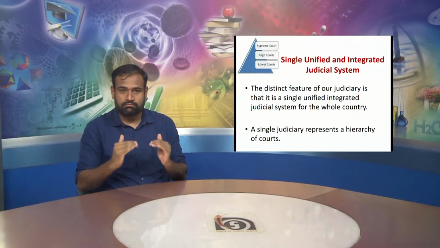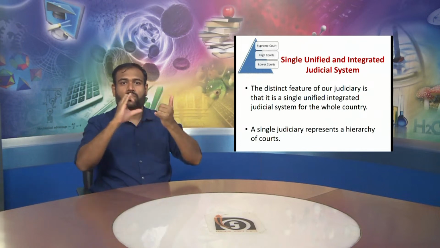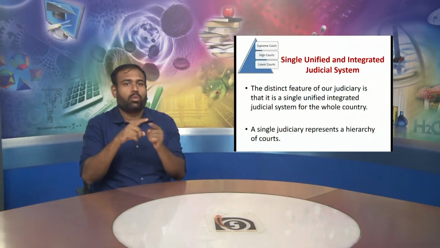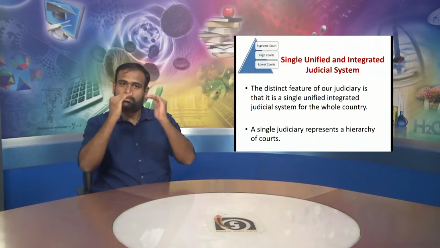Here we will discuss the single, unified and integrated judicial system of India. You can see the three levels in a hierarchy: lower courts, then high court and then Supreme Court.